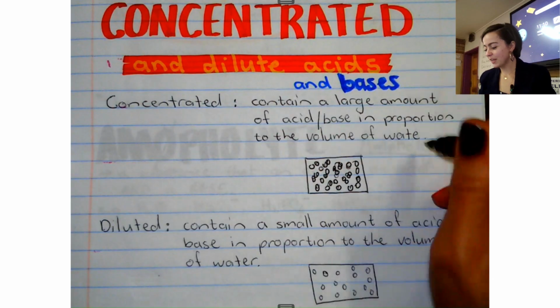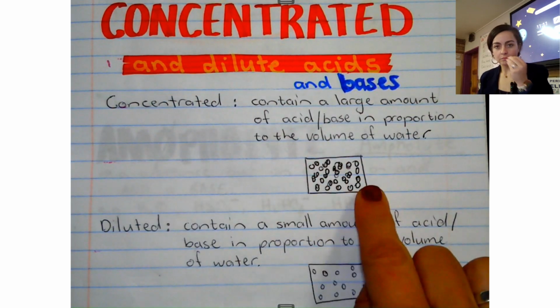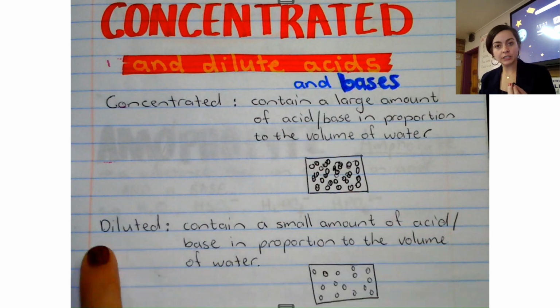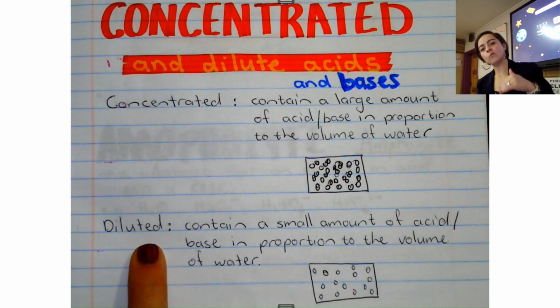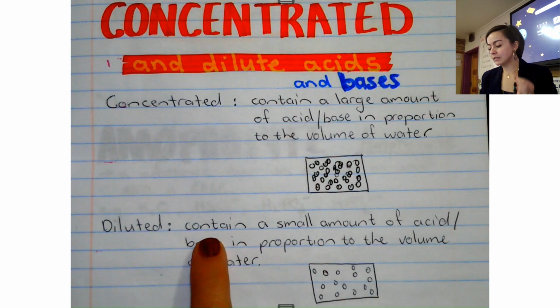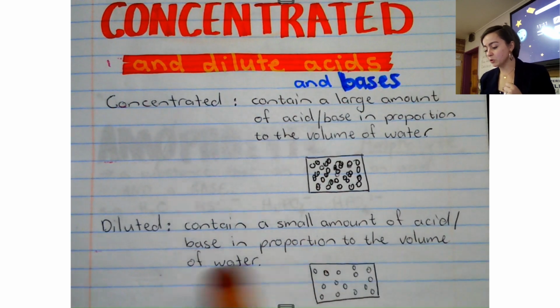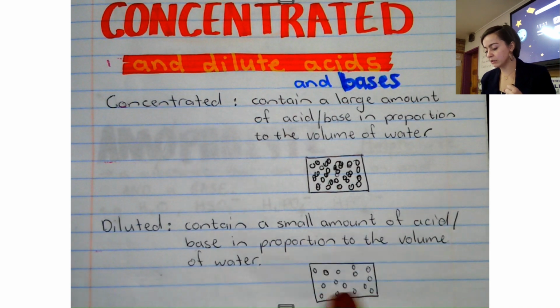So here is an example of a concentrated substance. Diluted, obviously, is if I now add more water, so the ratio of water to substance particle is greater. So the definition is it contains a small amount of acid or base in proportion to the volume of water. So this is more diluted than that one.